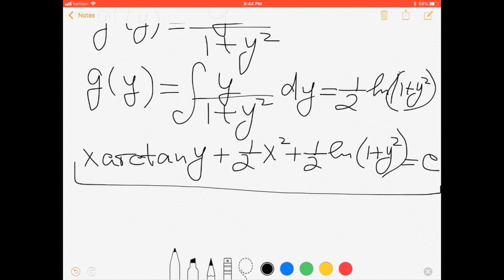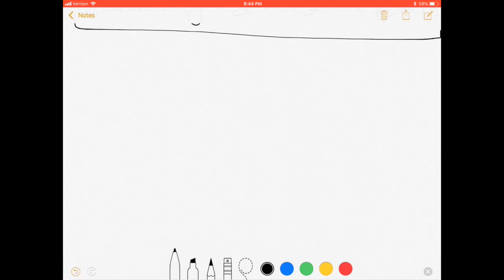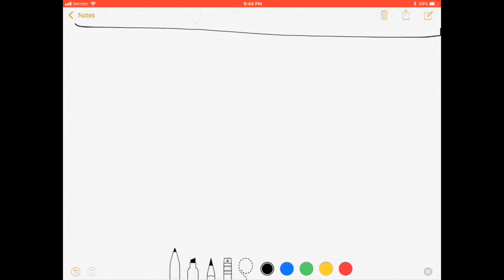Okay. And today we study one more type of equation. Here is an equation where one of the variables is missing, and this is a reducible second order equation. Now let's go to the first situation.